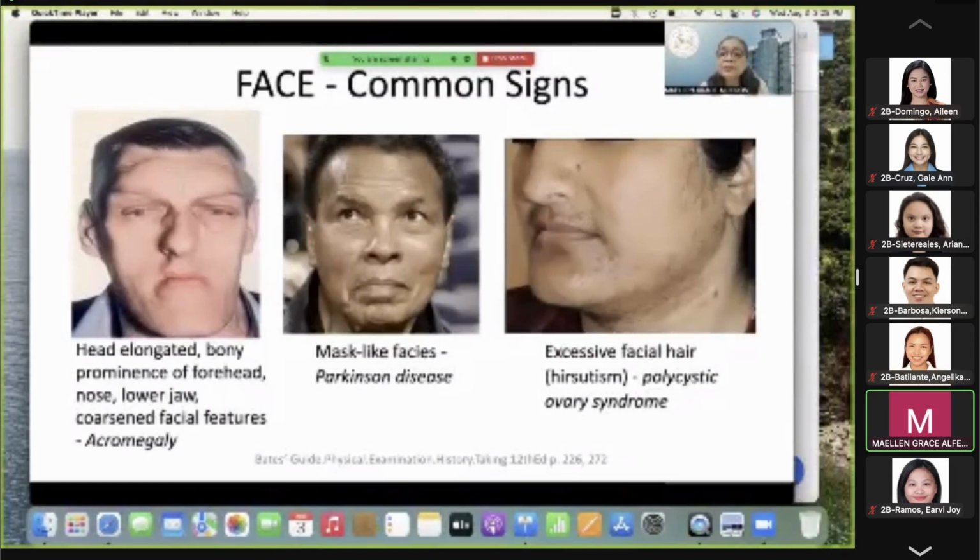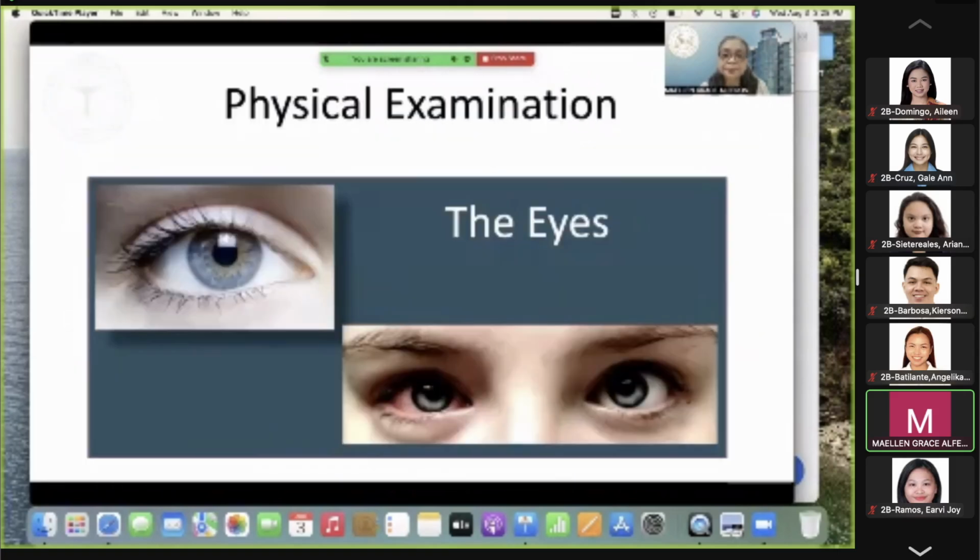And this is seen in polycystic ovarian syndrome, wherein there is an excessive testosterone compared to estrogen, okay? And this is also seen in other entities that will cause an increased testosterone in females.